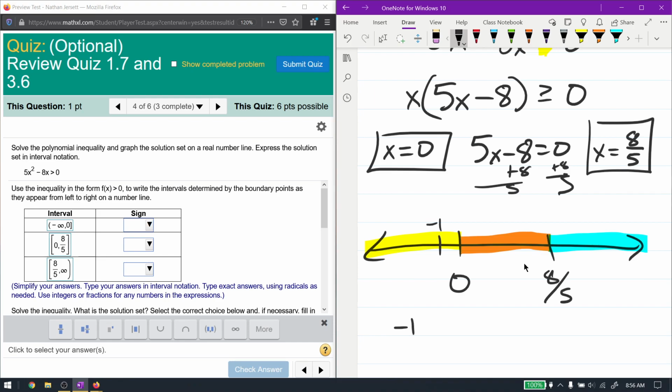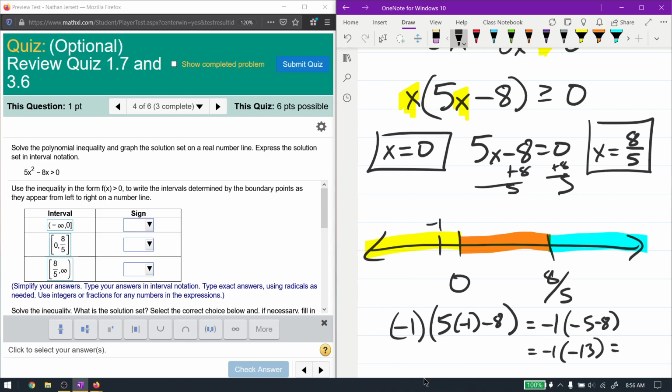So we have -1 times (5 times -1 minus 8). This gives me -1 times -5 minus 8, which is -13, so the product is positive 13. So this is a positive interval.